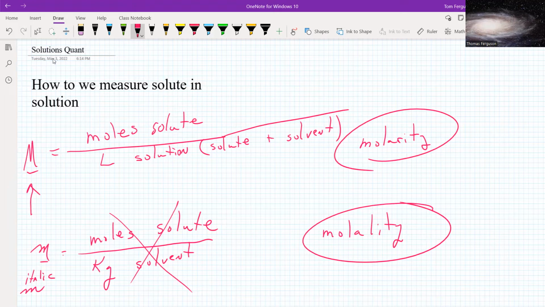Molality comes into play with something called colligative properties. The reason you salt your sidewalk when it gets frosty is because of molality: when you add salt to water, it freezes at a lower temperature. It also boils at a higher temperature.